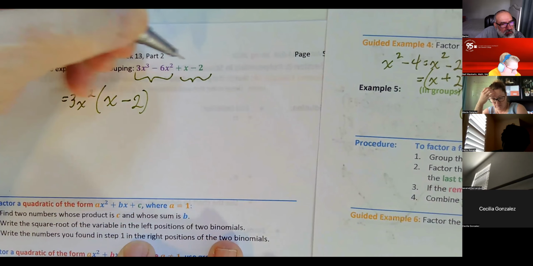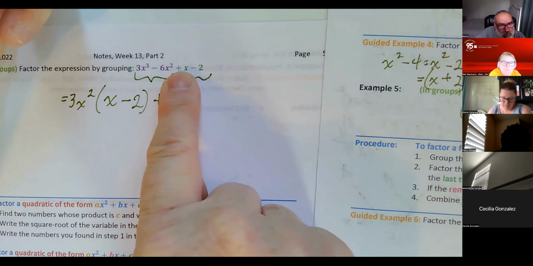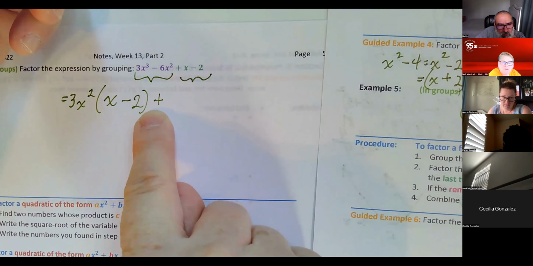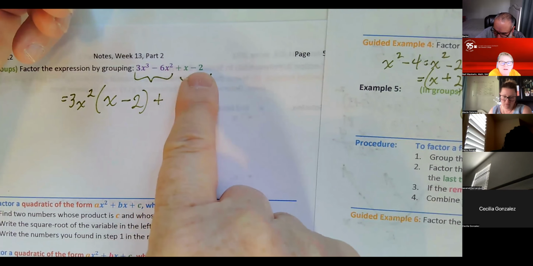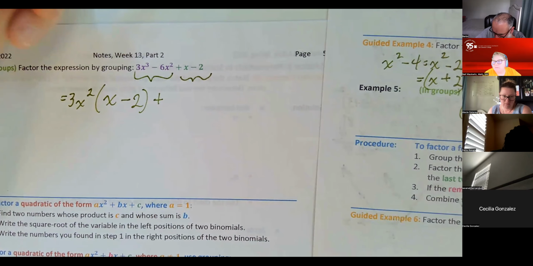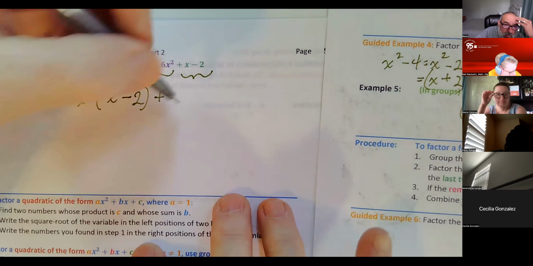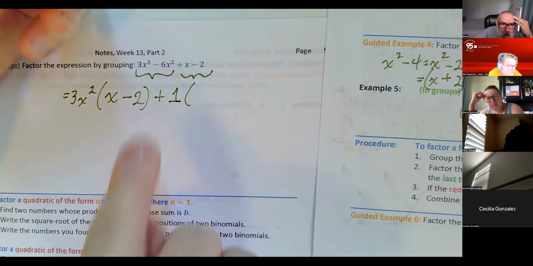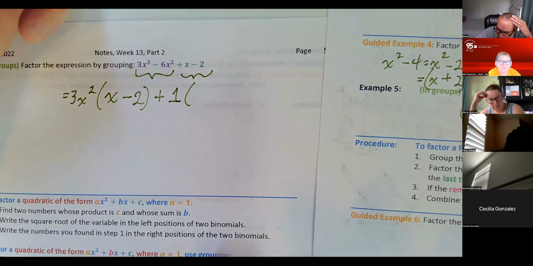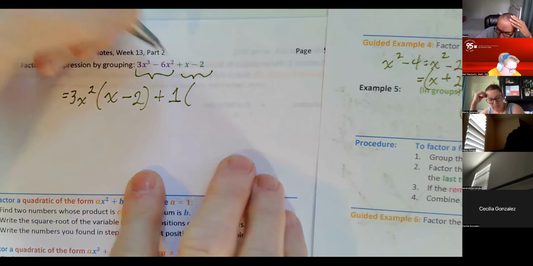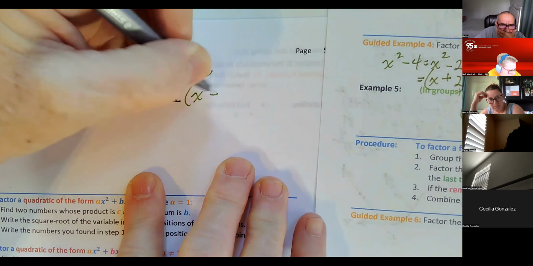Good. There's a plus sign in the middle, so I put a plus. Is anything common between x and negative 2? 1. That's right. With grouping, it always helps to write 1 down. If that's the only thing common, go ahead and write it down. So that means I have 1 times x minus 2.